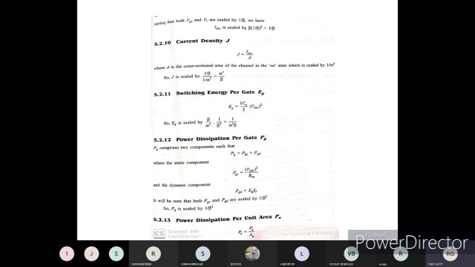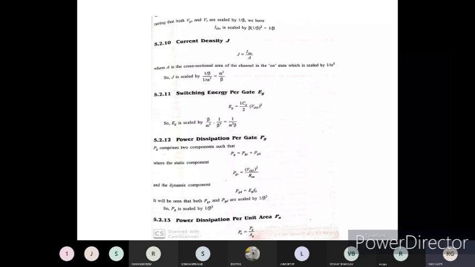Okay, so this is the power dissipation per gate. Now we need to calculate the power dissipation per unit area. The power dissipation per unit area is PA equal to PG divided by AG.